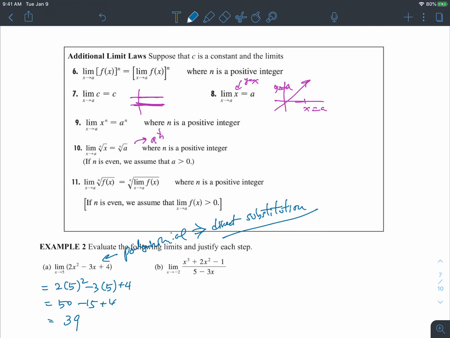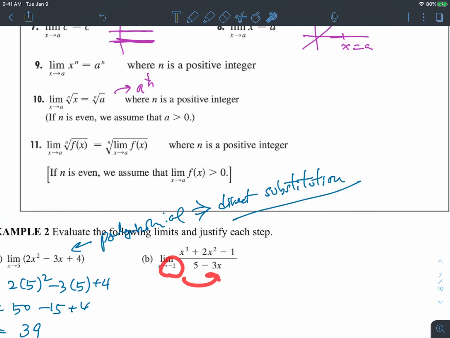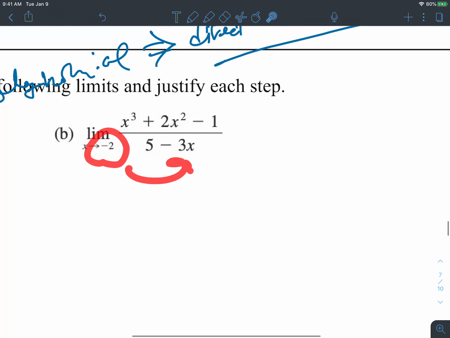In this particular case, you've got to be wary because we have a quotient. So when I plug this value in, which is -2, do you get a 0? Actually, we don't. So if that's the case, once again, you could do a direct substitution.